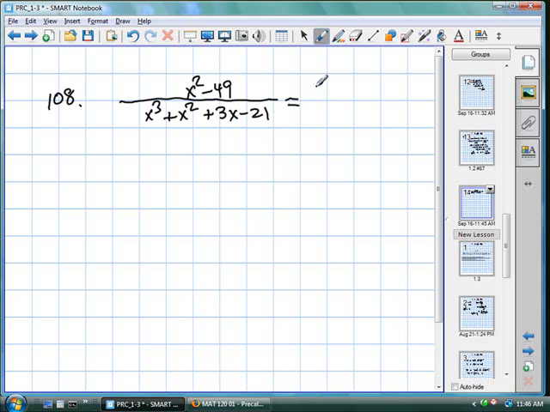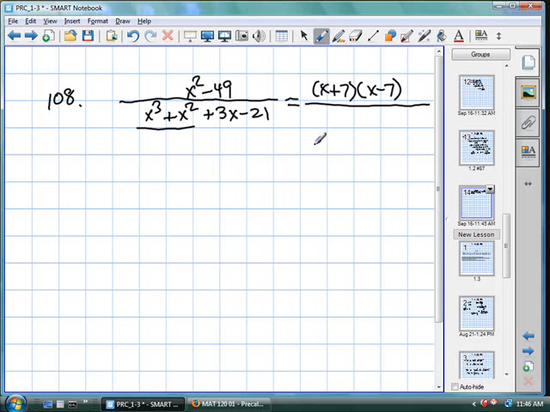So on the top, we already know what to do. Difference of 2 squares, so we got that factored. And by the way, they said simplify. Well, really, your only hope for simplifying an expression like this is some kind of factoring and cancellation. So on the bottom, let's do the divide and conquer thing. What can we take out of that first part?